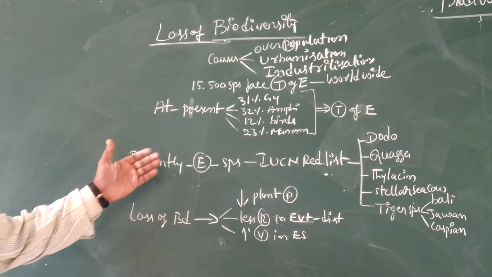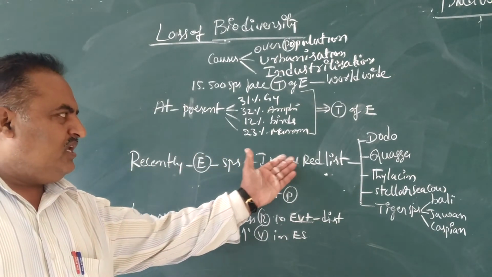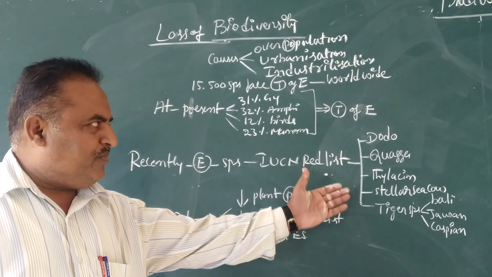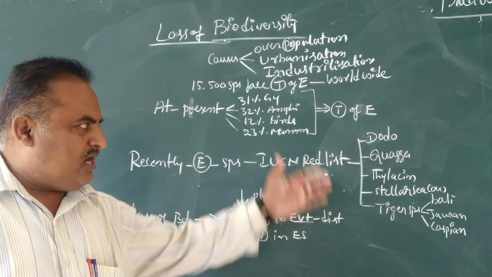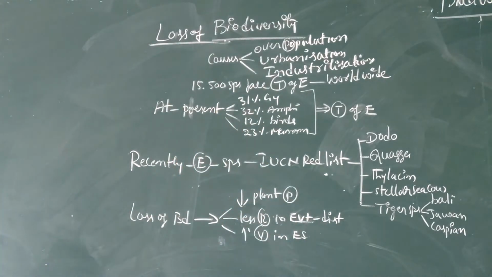Here, the recently extinct species according to the IUCN Red List, which is very important: dodo, quagga, thylacine, stellar sea cow, and tiger species like Bali, Javan, and Caspian.